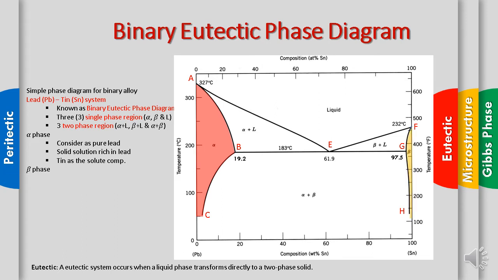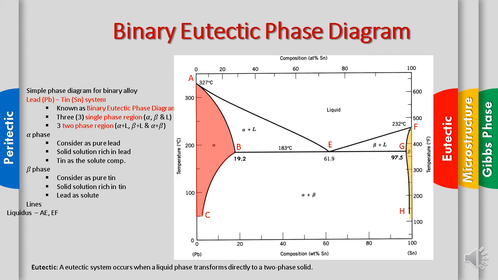And then the beta phase, which is in this area. Basically we consider it pure tin, a solid solution rich in tin, and then lead as a solute in this tin.